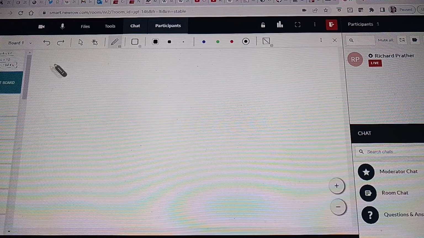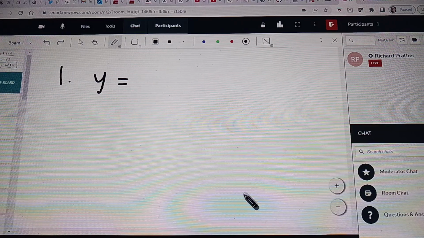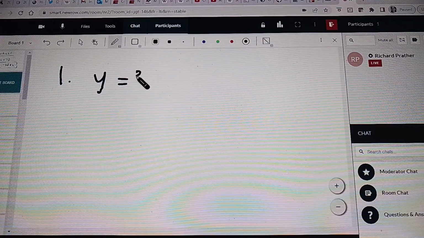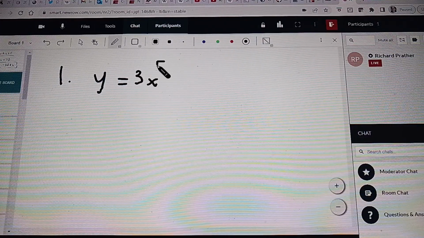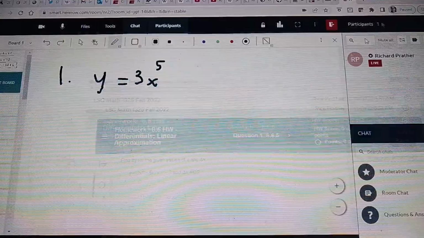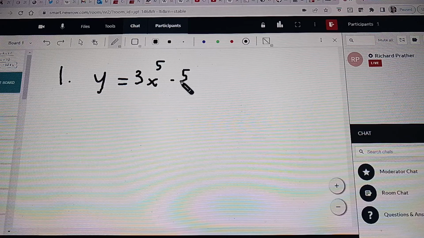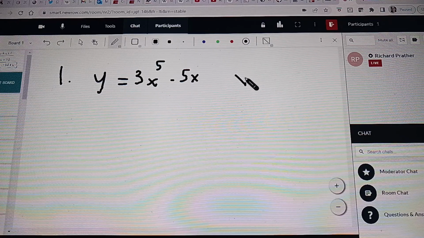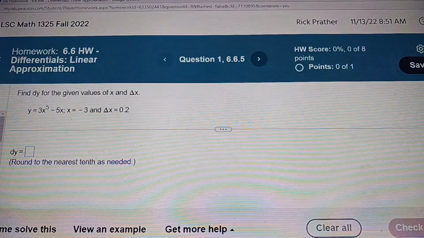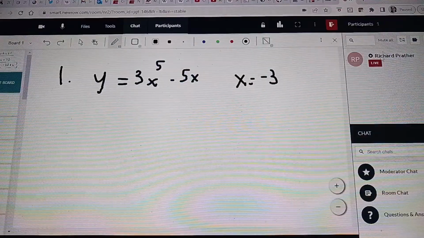So problem 1: y equals 3x to the fifth minus 5x, and then we happen to be at the x value of -3, and then we want to make a small change in x of 0.2.